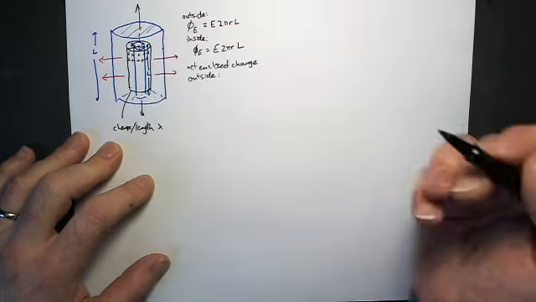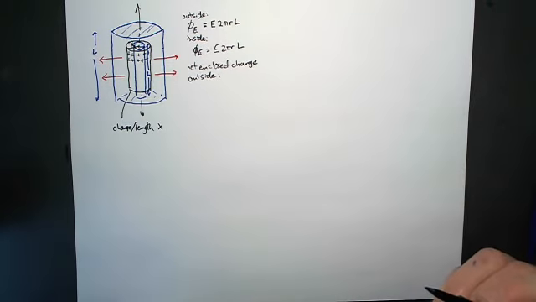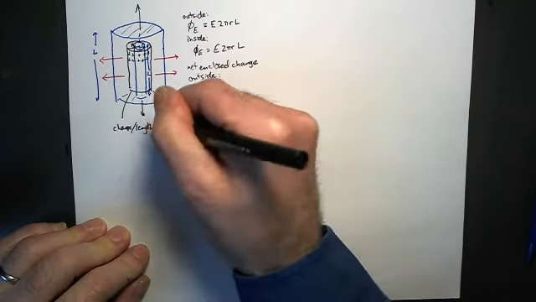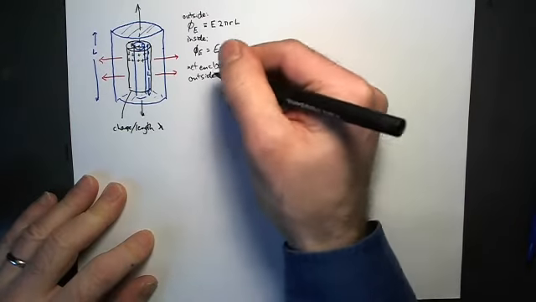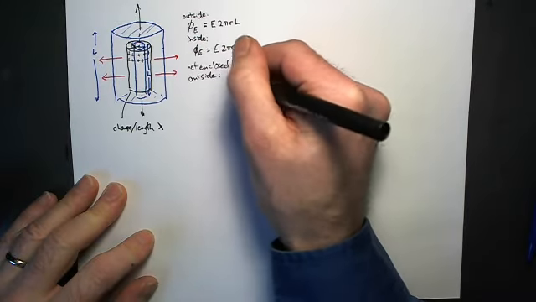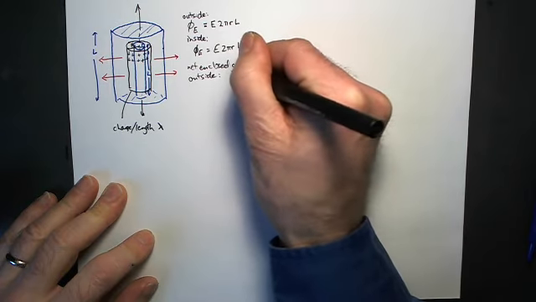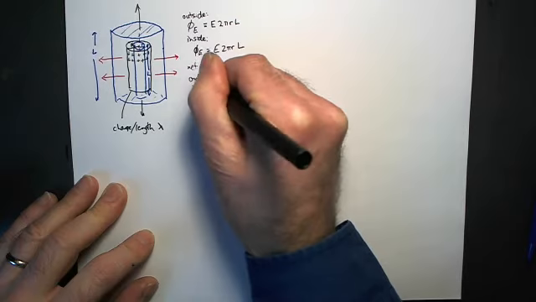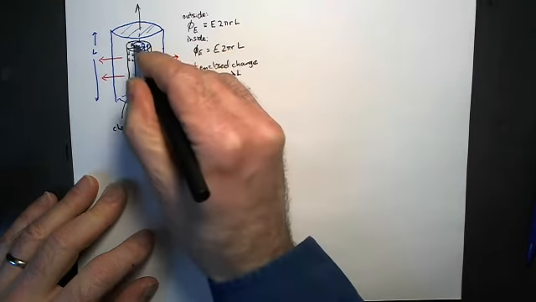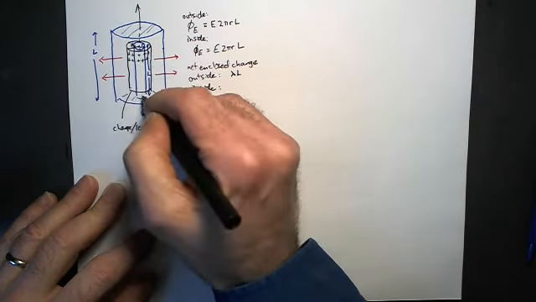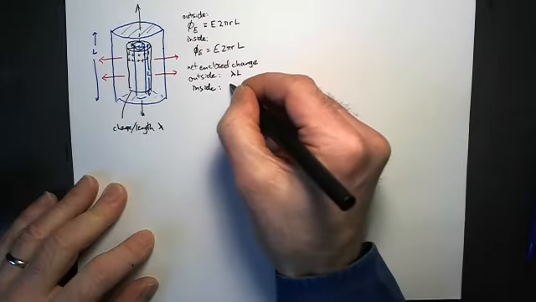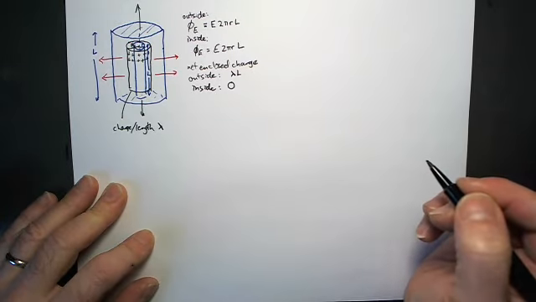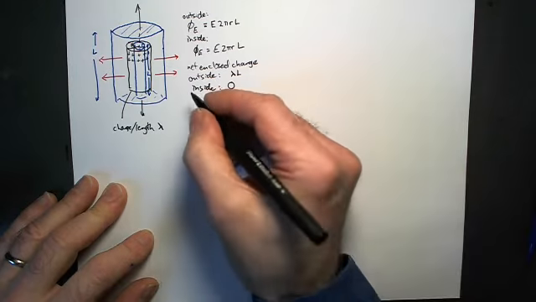So for each meter of the cylindrical shell, there's lambda times 1 meter worth of charge spread over the surface. So outside the shell, the enclosed charge is lambda times L as before. Inside the shell, there's no enclosed charge, so there's no charge enclosed by this smaller cylinder, so it would be 0.